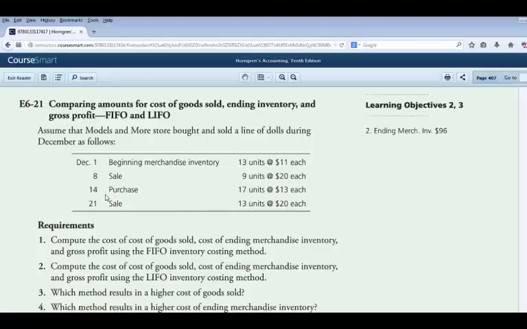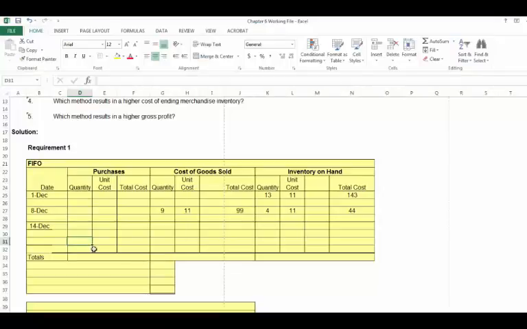December 14th, it said we had a purchase, and we purchased 17 units for $13 each. So I purchased 17 units on December 14th. They cost me $13 each. So my total cost is $221, 13 times the 17. And now I've got 2 layers of inventory.